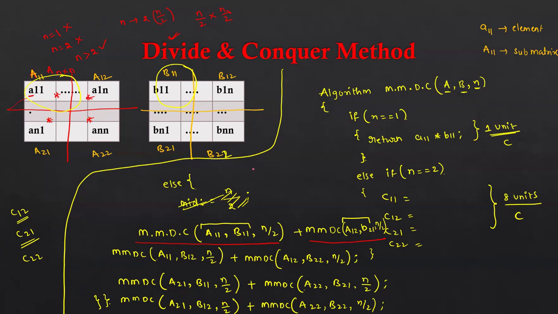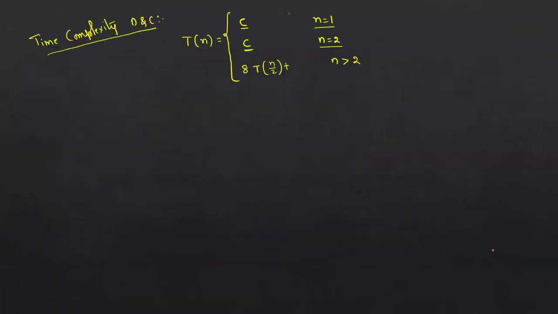On the two submatrices, you are performing addition. When it is addition of two matrices, how much time does it consume? Order of n squared. We learned this in the previous class. So plus n square time it is taking.